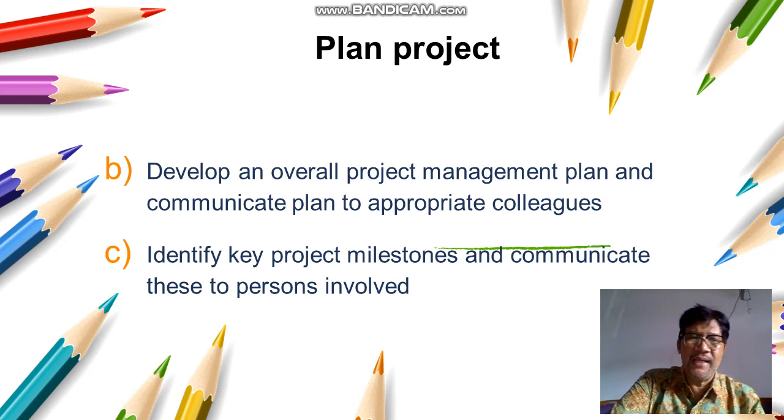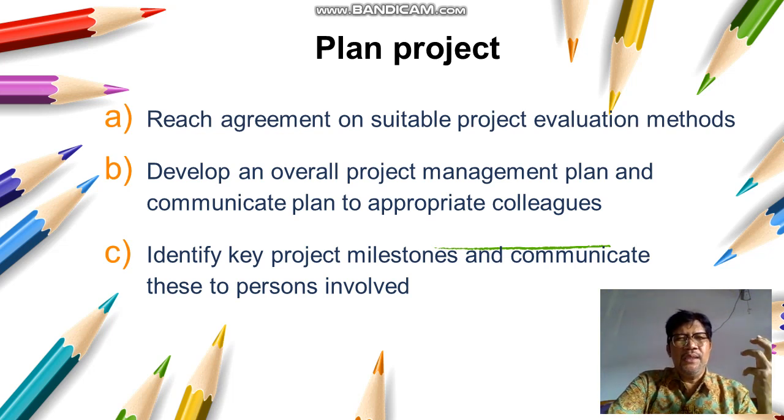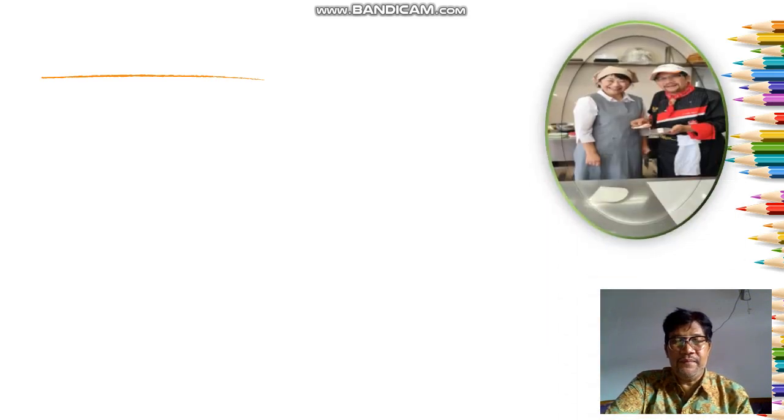That means plan project. So once again, plan project is to reach agreement on suitable project evaluation methods, develop the overall project management plan, communicate the plan to appropriate colleagues, and identify key project milestones and communicate this to persons involved.